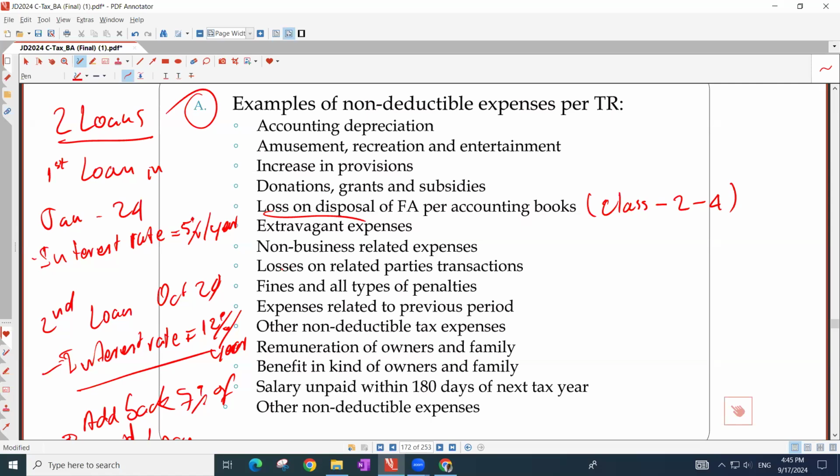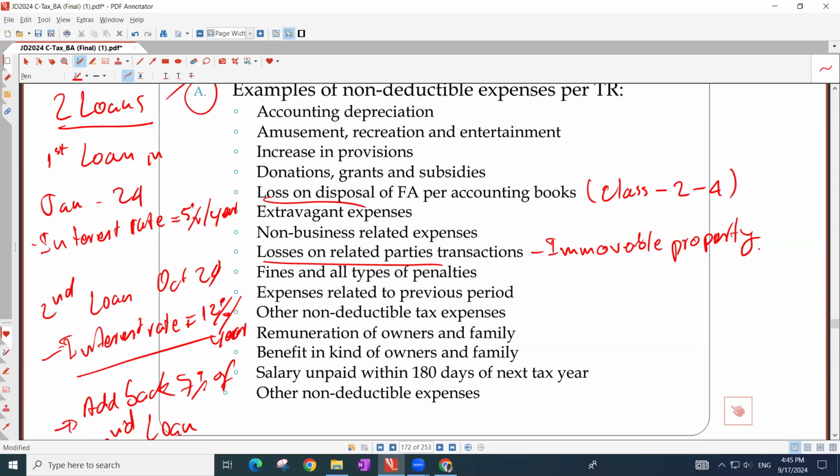If you have related party transactions and you buy and sell, mainly immovable properties, and your selling price is lower than the book value, then you generate a loss. This loss is not deductible. But if you sell to a third party and make a loss, you can claim it as a deduction. If it is a related party, no.